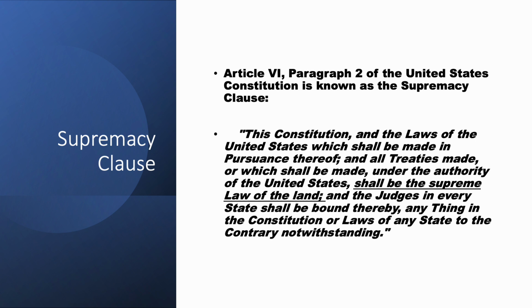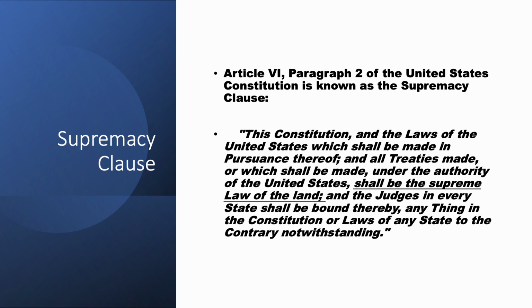Now, to understand federalism, first you've got to get clear on the Supremacy Clause. Article 6, Paragraph 2. This Constitution and the laws of the U.S. shall be the supreme law of the land, and the judges in every state shall be bound thereby. So, national law is supreme if it is in compliance with the Constitution.